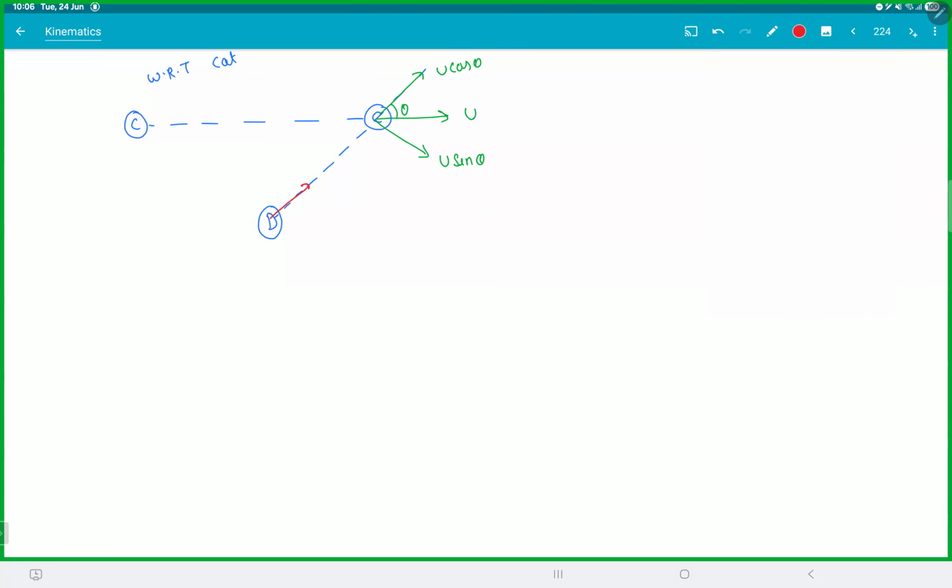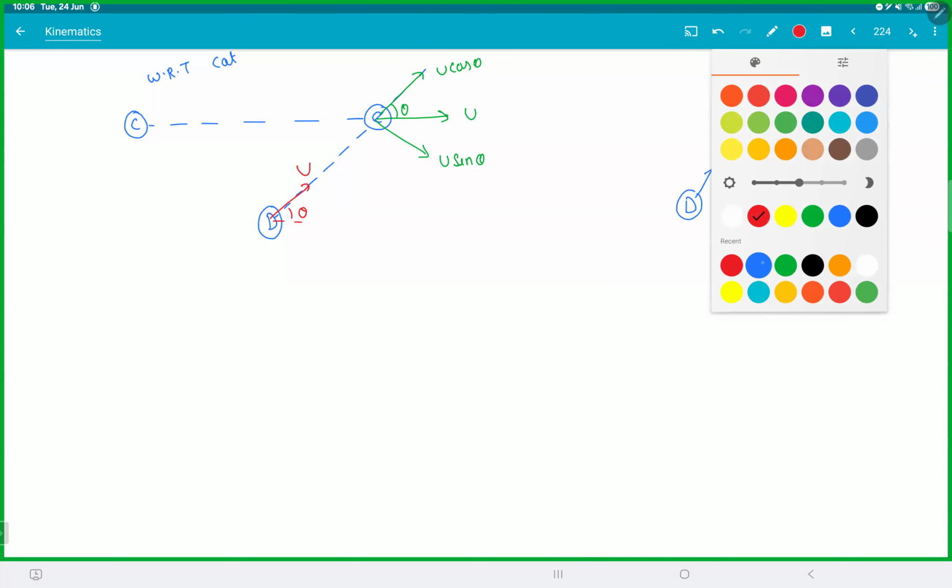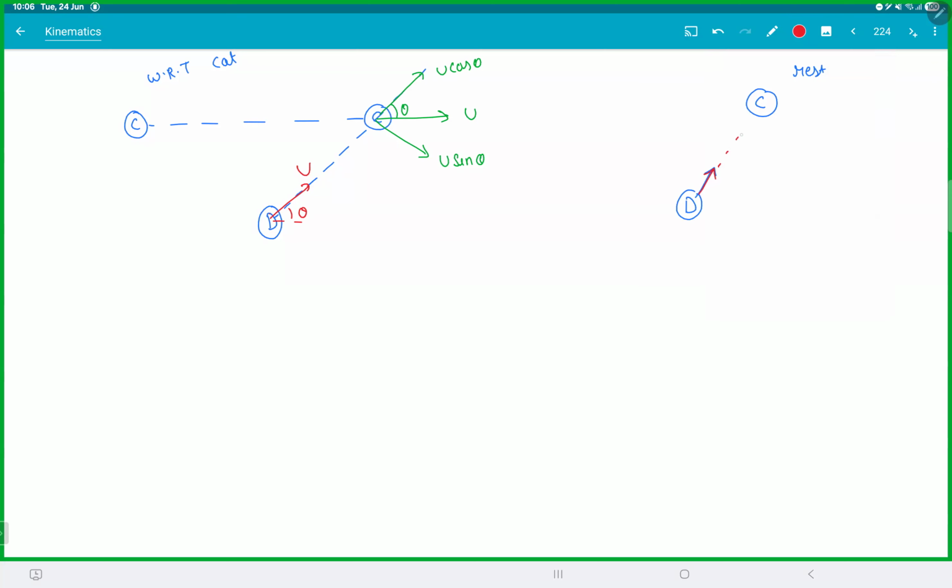The dog is also going towards you. So if you stop, the cat will think, okay, I came to rest. But this dog is coming towards me with the velocity u minus u cos theta. This is u sin theta.